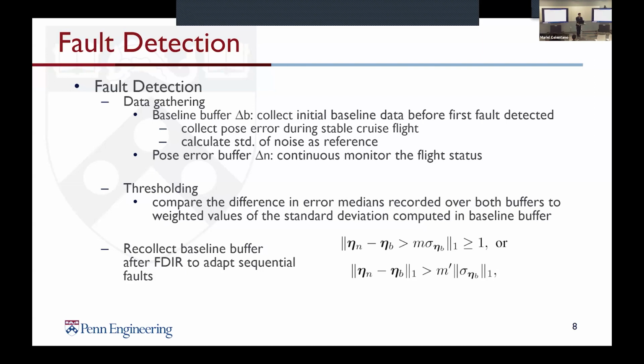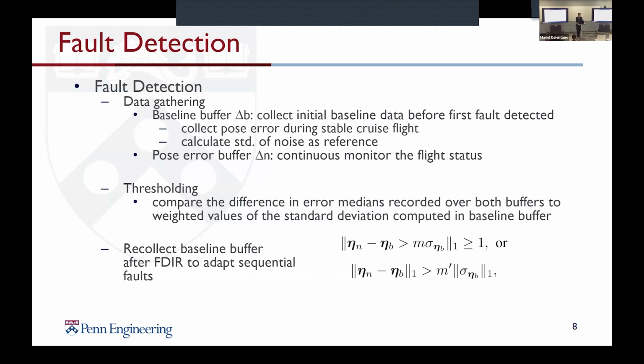We calculate the standard deviation of the data as a reference, and we also use the median for adjustment afterwards. The pose-error buffer data N is used to continuously monitor the flight status. It also records the pose-error information. It just keeps flushing and accepting data from the internal buffer.